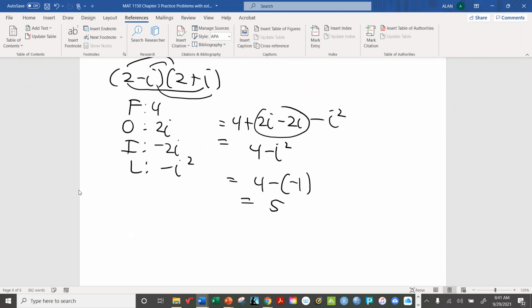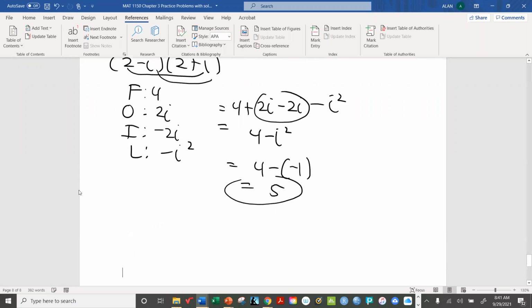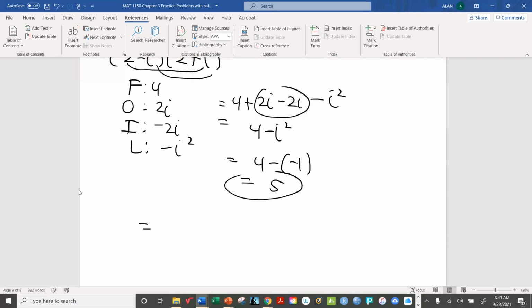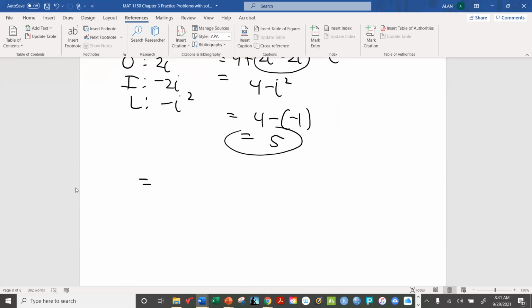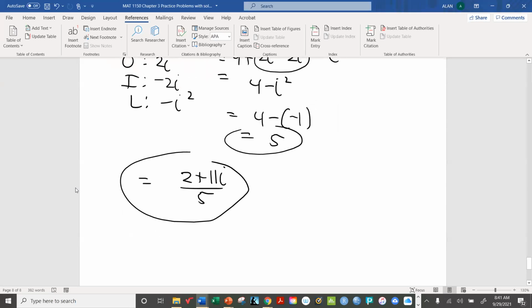And then we end up with 5. So when we bring these together, remember the numerator was 2 plus 11i, and the denominator was 5. That's our final result.